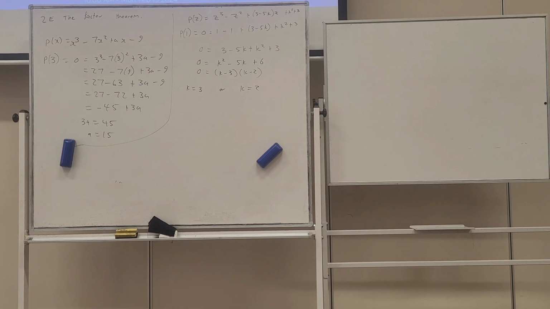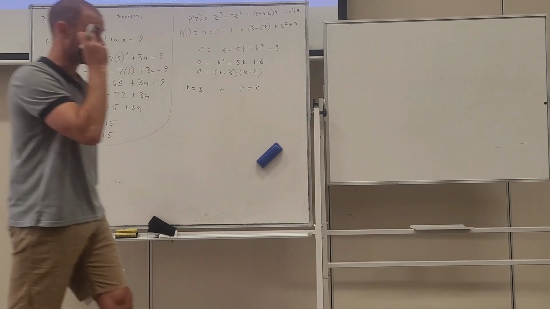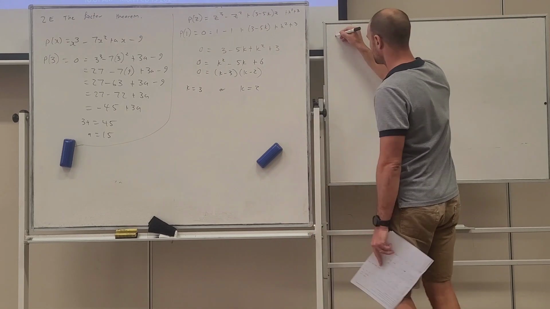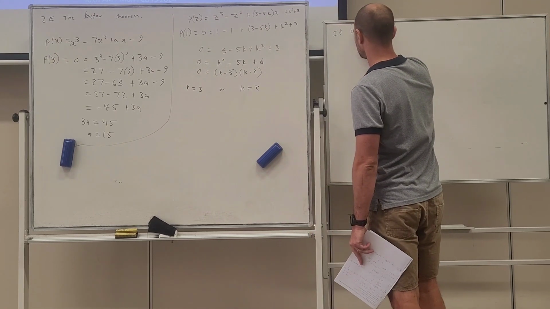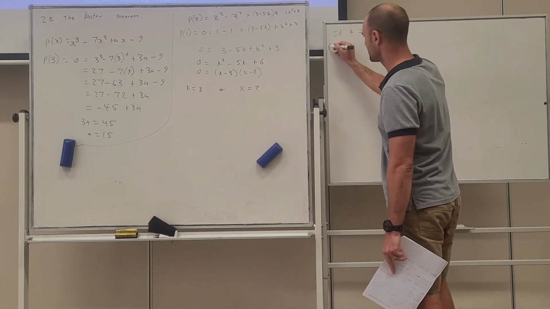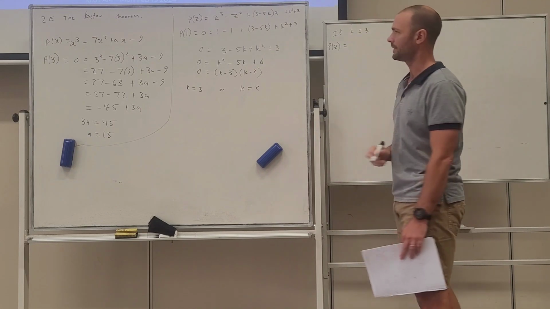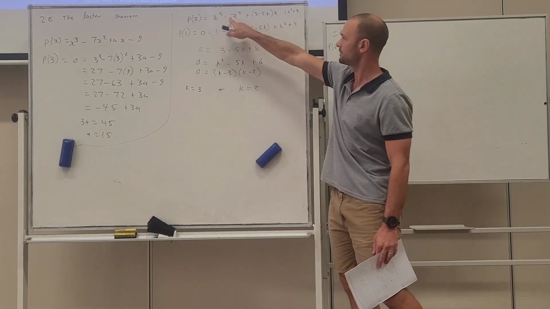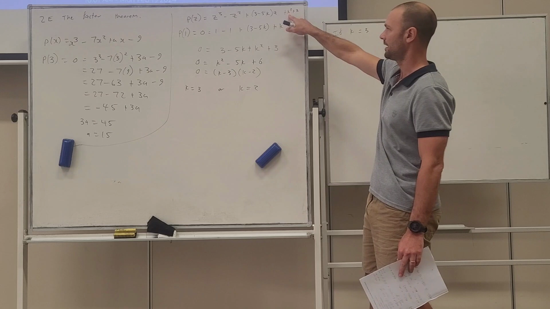Find k, alright, and all possible roots of this polynomial. Alright, so we've got 2 circumstances we need to investigate. We need to first investigate if k is 3, and then if k is 2. So let's go first if k is 3. I'm going to substitute 3 for k in here and here.